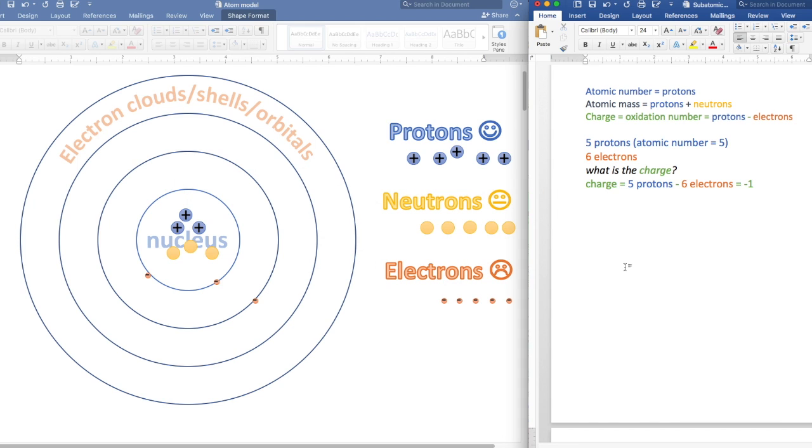So, quick review: here we have our protons, positive charge; neutrons, neutral; and electrons, negative charge. To review some of the things from the first 3 videos, the atomic number is equal to the number of protons. In this case we have 3 protons, so our atomic number is 3, and that also tells us the identity of the atom.